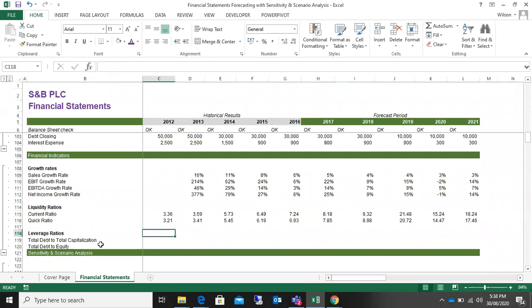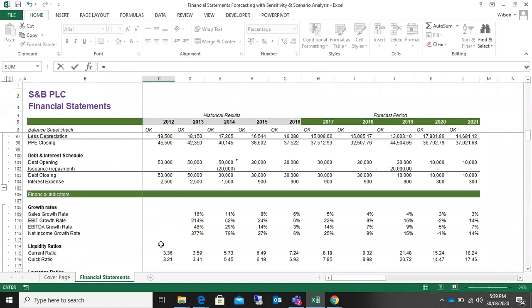Okay, so let's look at leverage ratio. When we talk about leverage ratios, leverage is talking about the debt. What is the ratio of your debt to your total capitalization or your equity? All right. So we can pick leverage ratio here. Let's do leverage ratio for 2012.